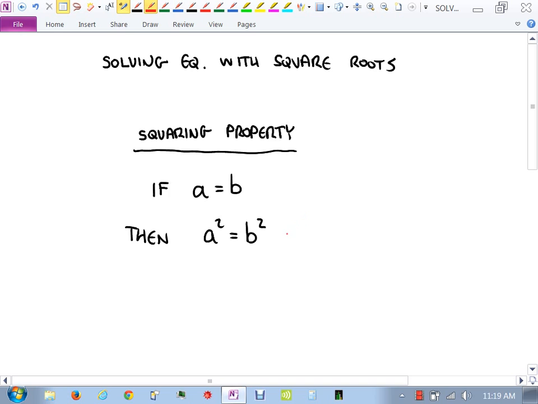So essentially, if you square both sides, we squared both sides of the equation, that new equation, after you square both sides, will also be equal. So we need that. This just tells us that anytime we have an equation, we're allowed to square both sides of the equation, if we need to.